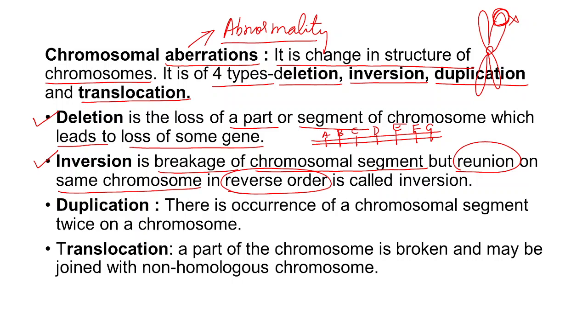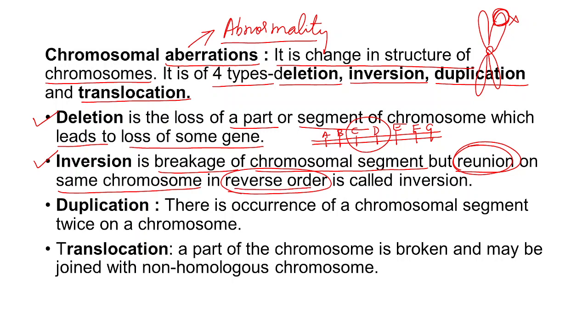What happens in inversion is breakage of the chromosomal segment will take place. That means a part of it will be broken down and separated. But what happens after separation? Reunion will take place, but it will not reunite in the same proper way, but will undergo reunion in the reverse order.